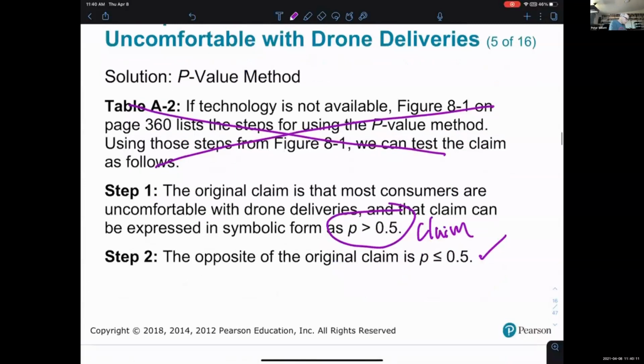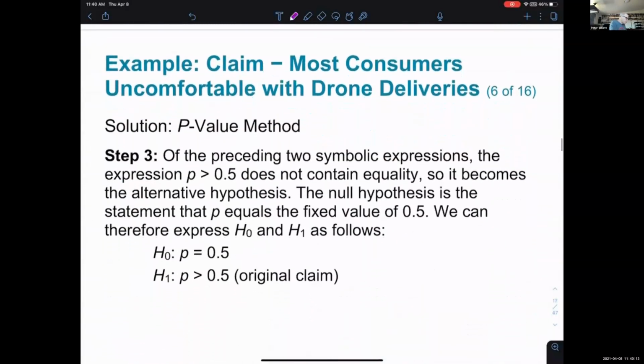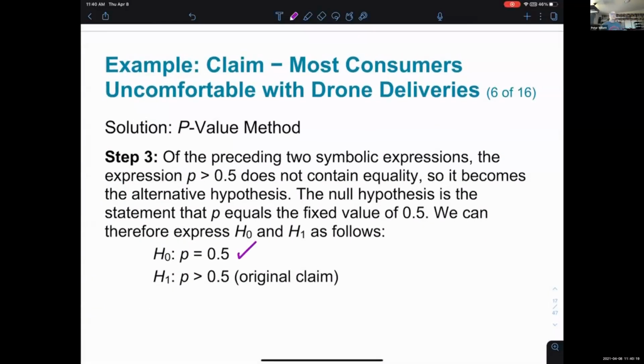So with those two things in place, you can then define your null and alternative hypotheses. The null hypothesis will always be where the parameter, in this case the proportion, is equal to the value in question. And our value in question here is 50%. Then you would choose for the alternative hypothesis greater than, less than, or not equal to based on the original claim.